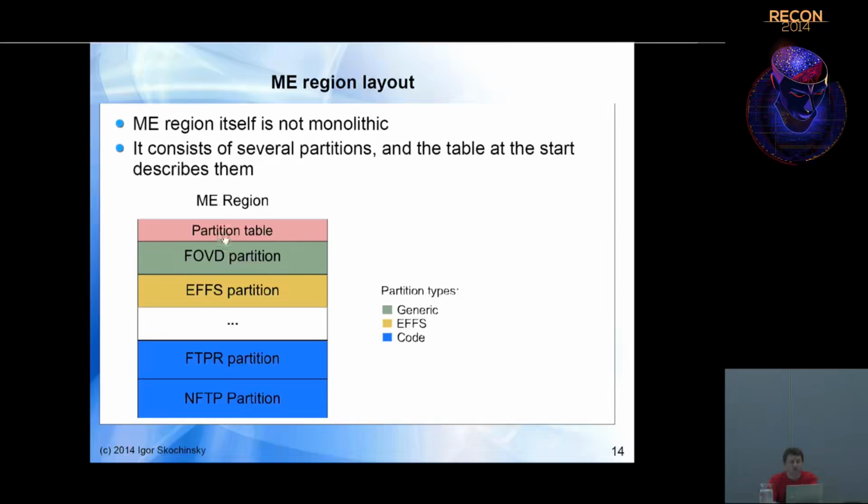It begins with the partition table, then come the partitions. For example, this is, I think, firmware fixed offset variables that control various parameters of the ME. Then EFS, the flash file system that stores the various runtime information of the ME. And then we have the code partitions, which contain the actual firmware code which is executed on the chip.